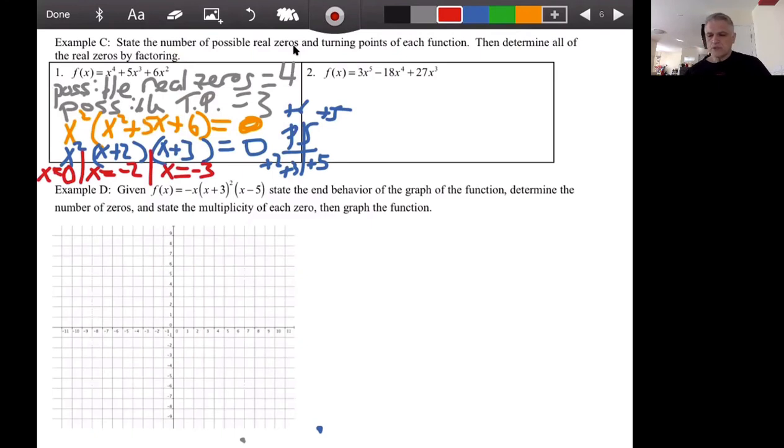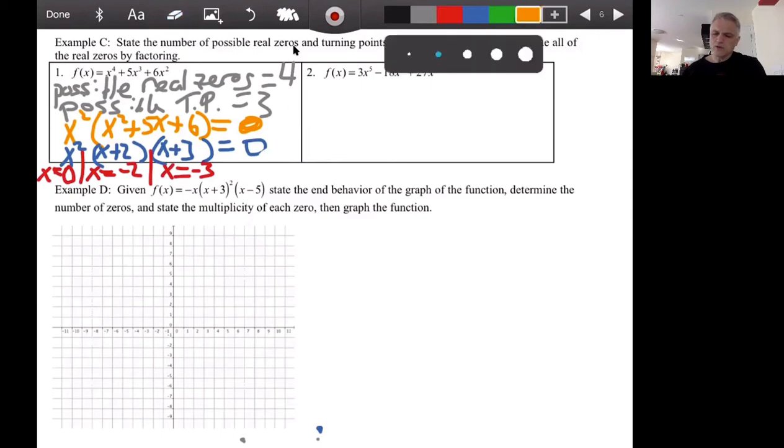Okay, look at question 2 here. Question 2, we got 3x to the 5th minus 18x to the 4th plus 27x cubed. Okay, that's pretty. What is the GCF? We start right off with our GCF. Well, they all have at least x to the 3rd, so they all have x cubed. 3, 18, 27. 3 is a factor of all of them.